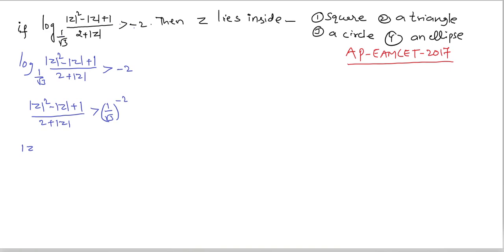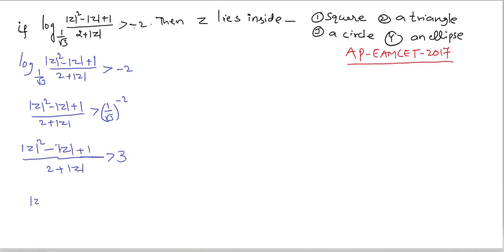So 1 by root 3 whole power minus 2 value is 3, that is mod z square minus mod z plus 1 by 2 plus mod z is greater than 3.